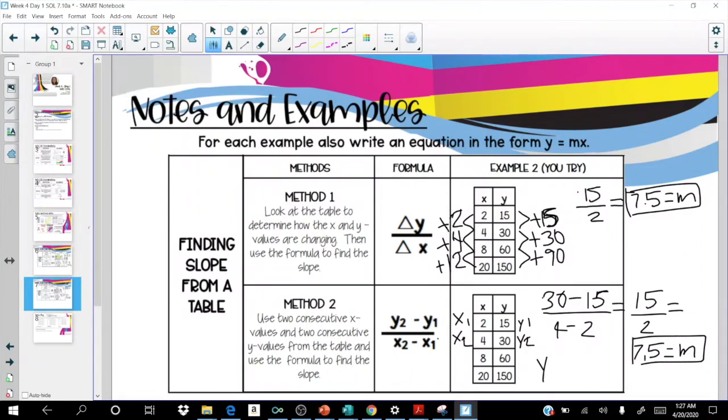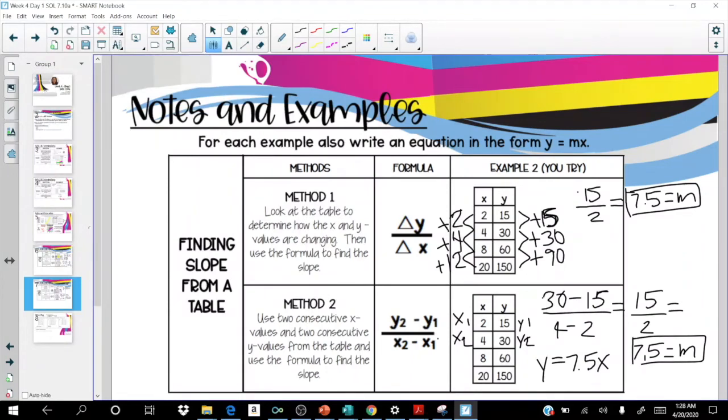So to write our equation of the line that represents this relationship, we are going to substitute m for our slope, which is 7.5, and finish writing the equation. 7.5 times x should give you y, and you can check it, 7.5 times 2 is equal to 15.